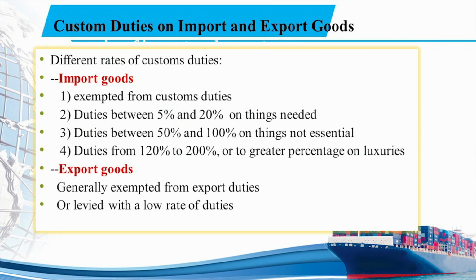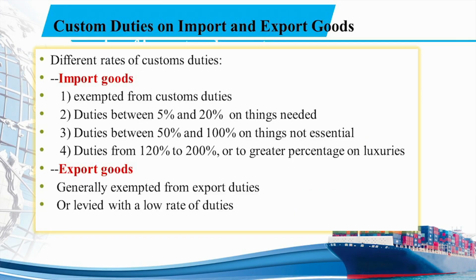Different rates of customs duties are applied to different categories of import and export goods. In addition to those import goods which are exempted from customs duties, low duties with a rate ranging between 5% and 20% are levied on those that are needed by the country.